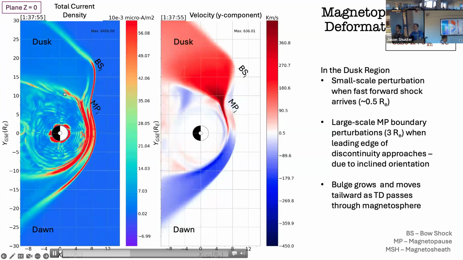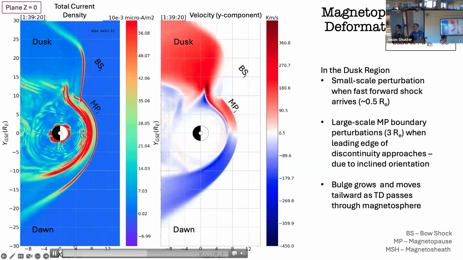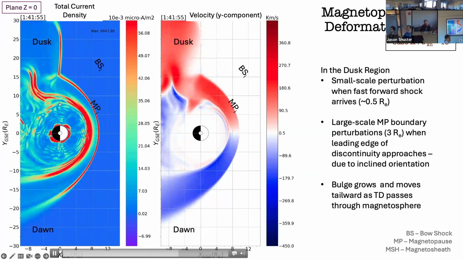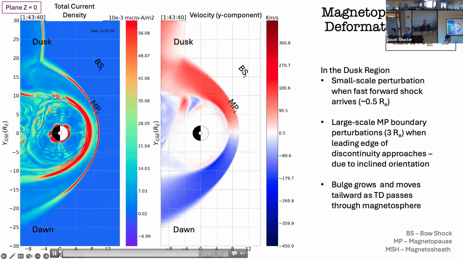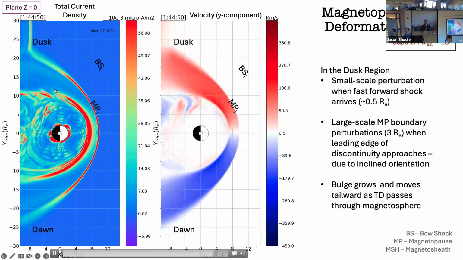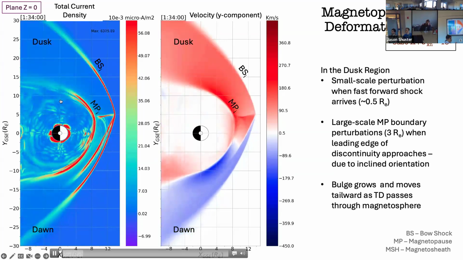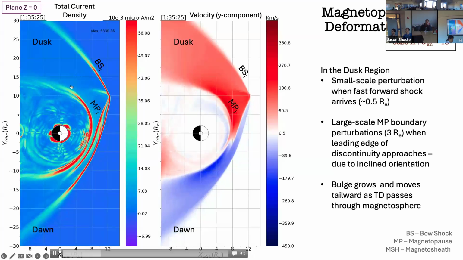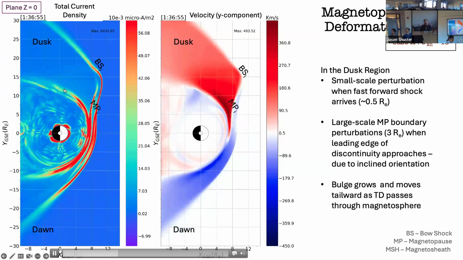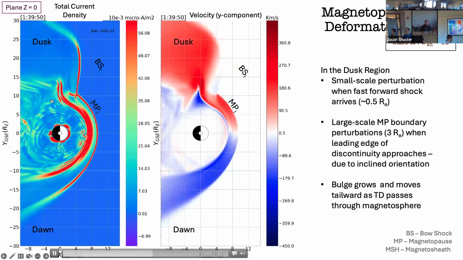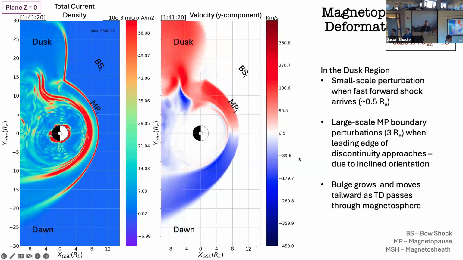But if we focus at this region, there's a large bulge in the magnetopause happening. When the fast forward shock approaches here, a small bulge happens. But when this discontinuity is almost there, just before that, there's a large protrusion of the magnetopause into the magnetosheath.